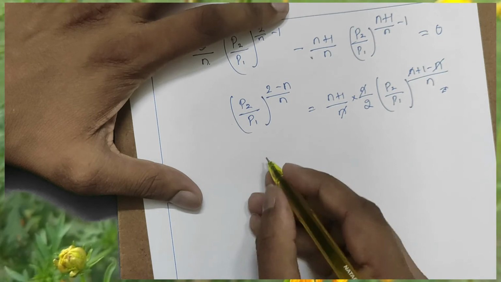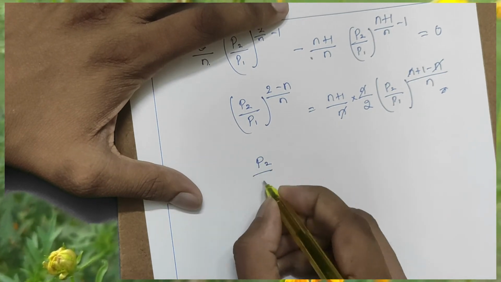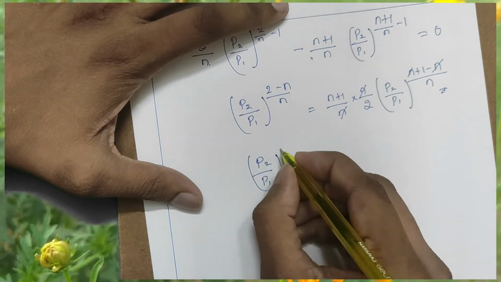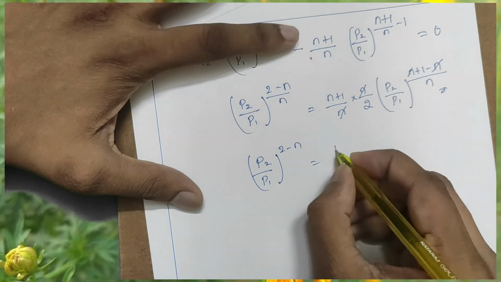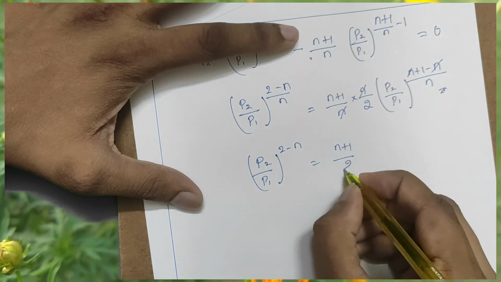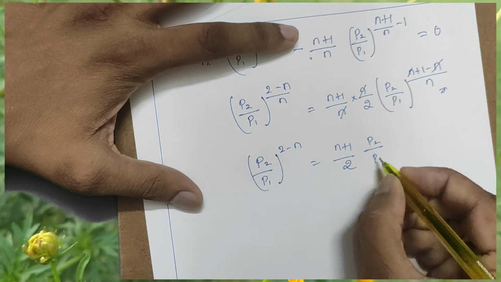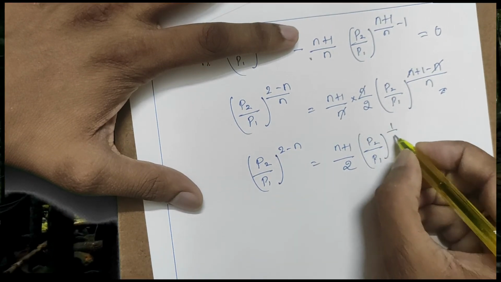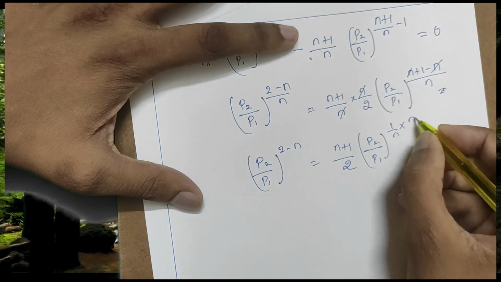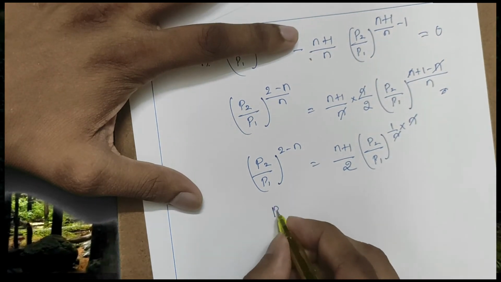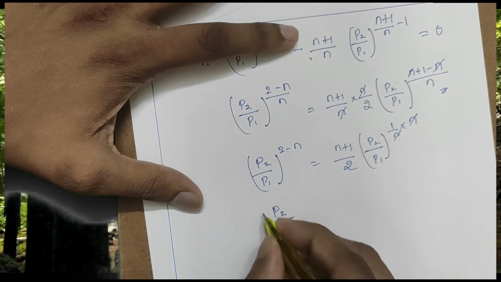Next, P2 by P1 power 2 by n I'll take equal to (n plus 1) by 2. If this n is shifted to this side, I'll get P2 by P1 power 1 by n into n. This n gets cancelled, and you'll get P2 by P1.